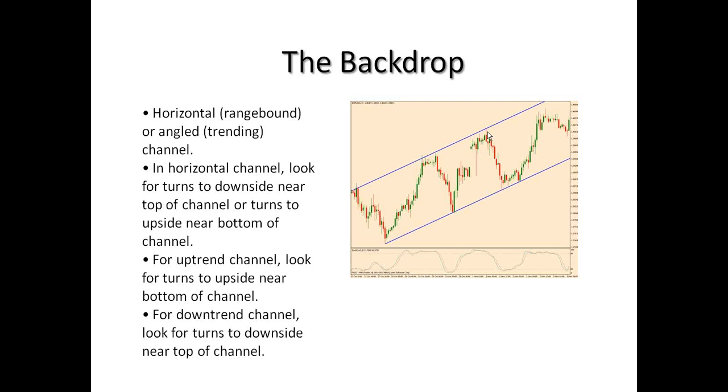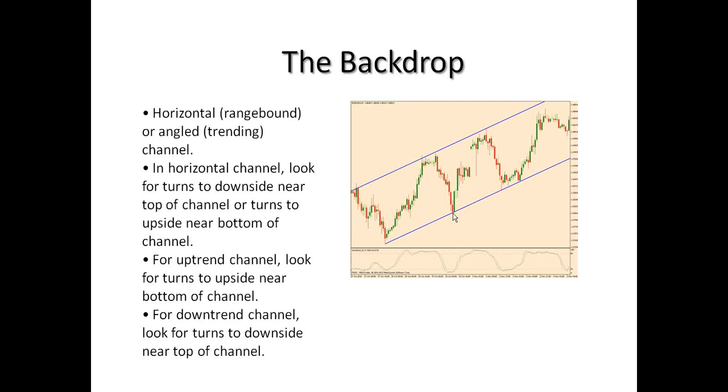You could use the top of the channel as a profit target, but I would not advise going short at the top of an uptrend channel, only because that would be a counter trend trade, and I don't really like to make counter trend trades.